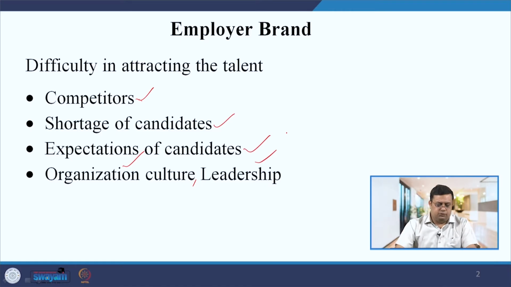So, what you have to do first, if your organization is big, you can run a survey in your organization to understand why it is not able to attract the right kind of talent for the vacant positions. These are the options that you may give in your survey. How to develop these options?